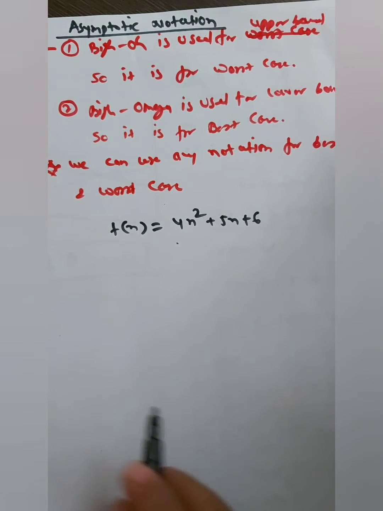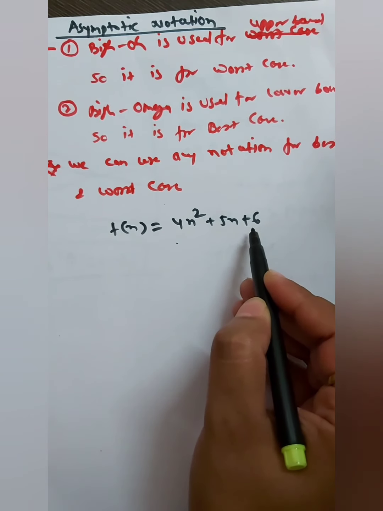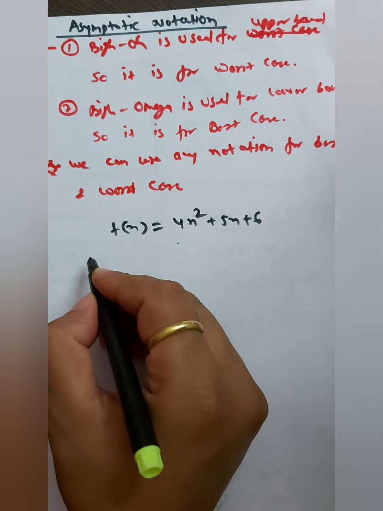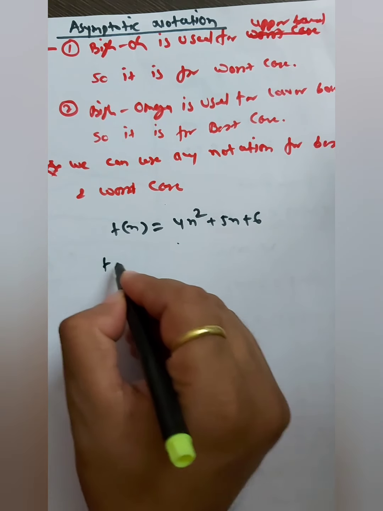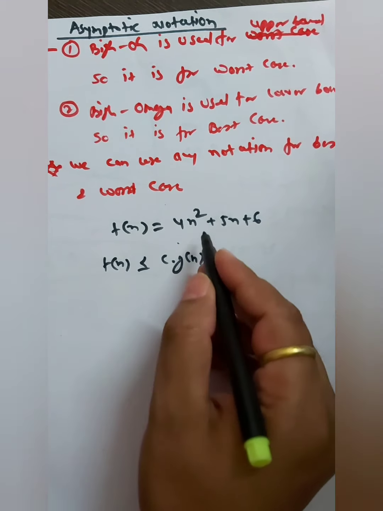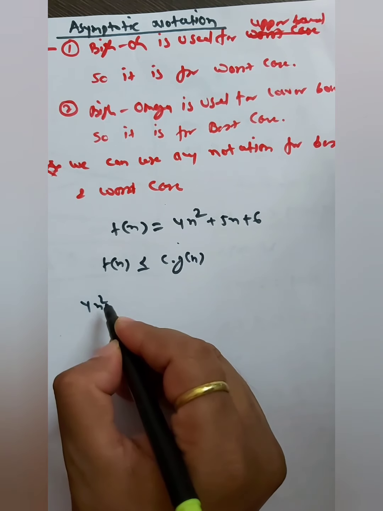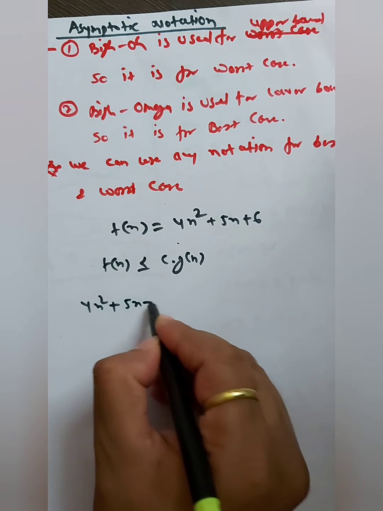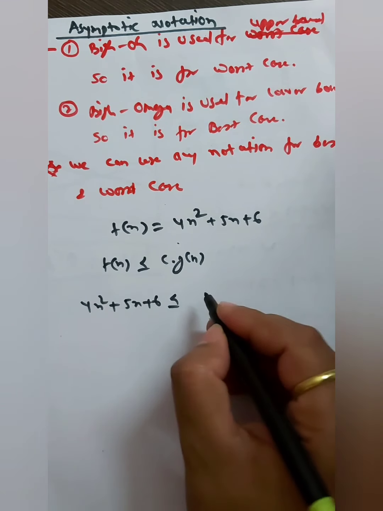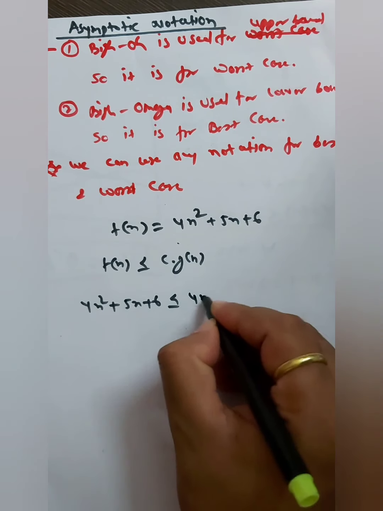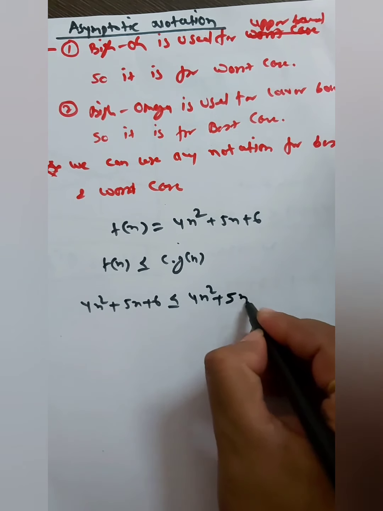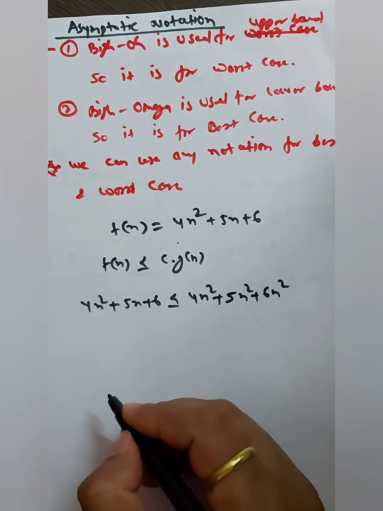This is our example, f(n) = 4n square + 5n + 6. See, for the big O notation, same example. The big O notation is f(n) less than or equal to c g(n). Now what is the value of f(n) = 4n square + 5n + 6 less than or equal to c g(n)? It is 4n square plus, this is the n square term, so we have to take n square terms, plus 5n square plus 6n square, right?